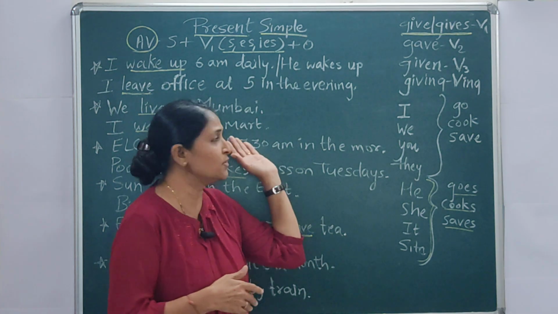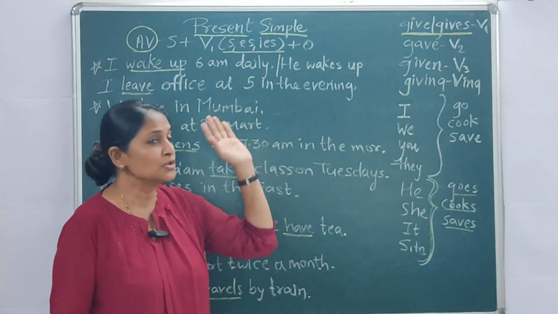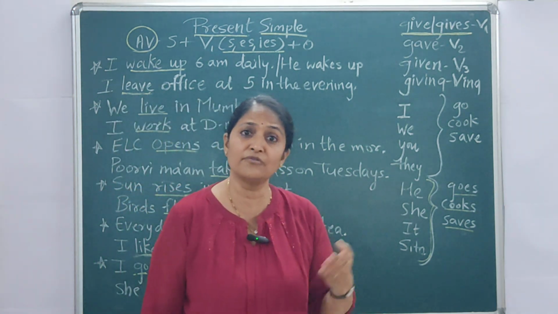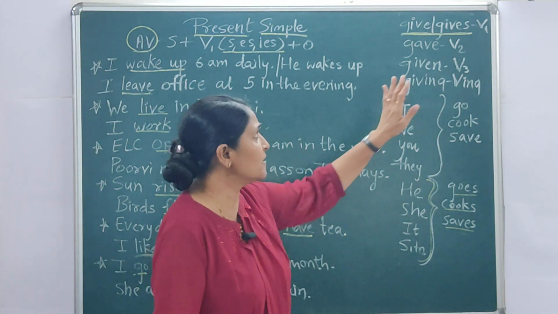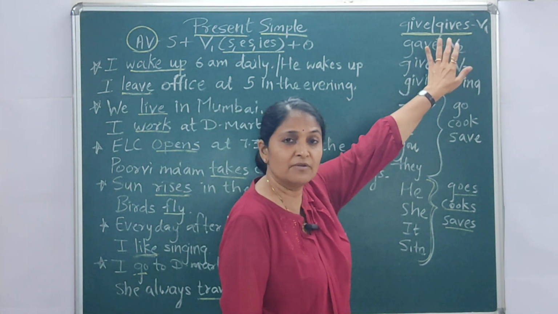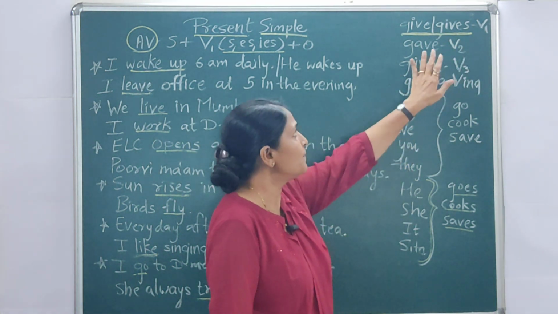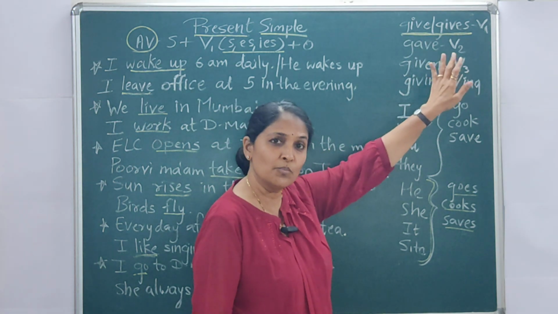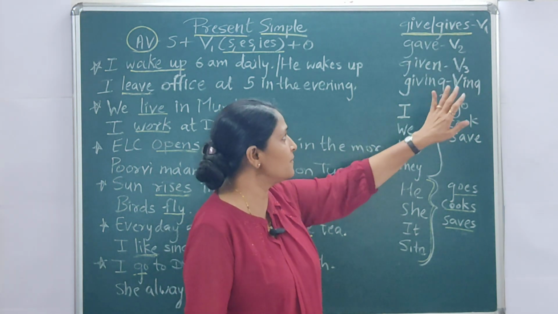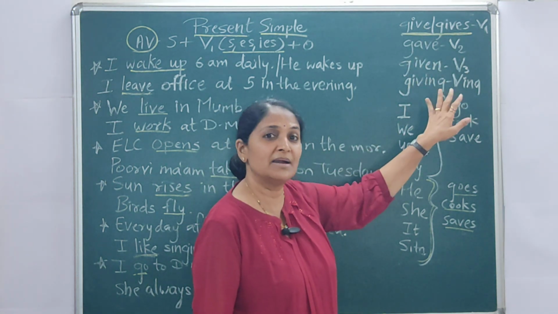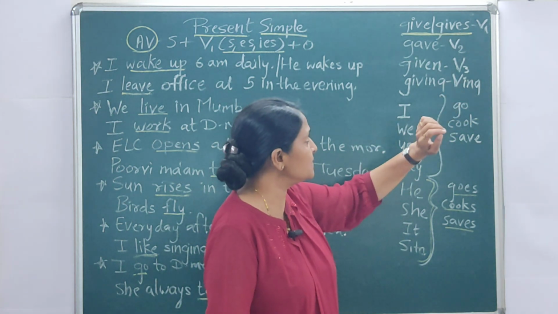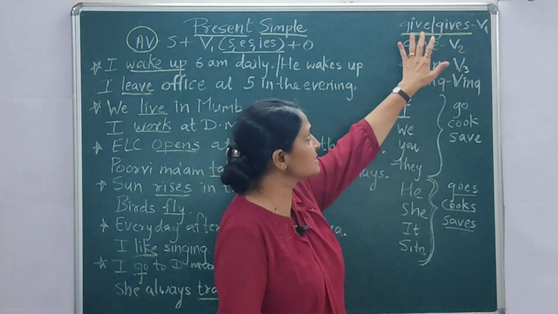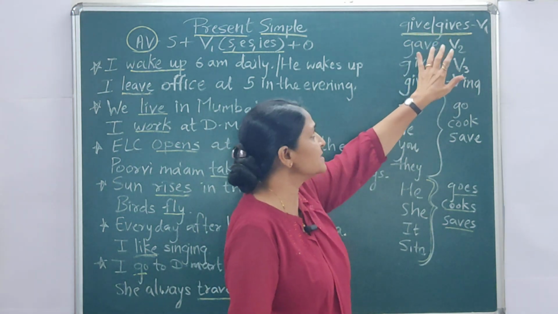So after the subject you write the base form of the verb. So what are the forms of the verb? There are 4 forms of verbs. First is the present tense of the verb, which is V1, the past tense of the verb, which is V2, the past participle of the verb, which is V3, and the present participle of the verb, that is verb-ing.